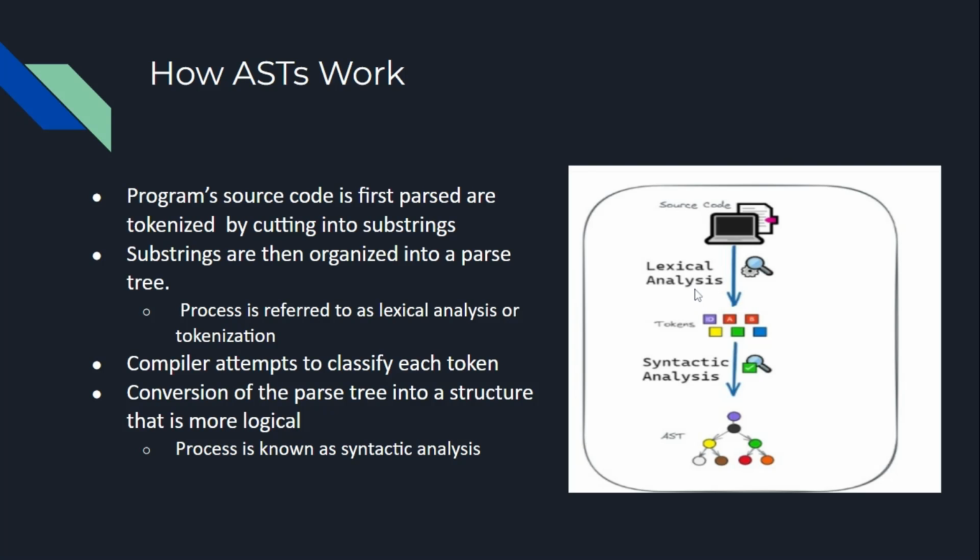Here, the compiler attempts to classify each token, much like a person would try to match a word to its type, for example, noun or verb. After that, syntax analysis converts the parse tree into a structure that is more logical. This process is known as syntax analysis.